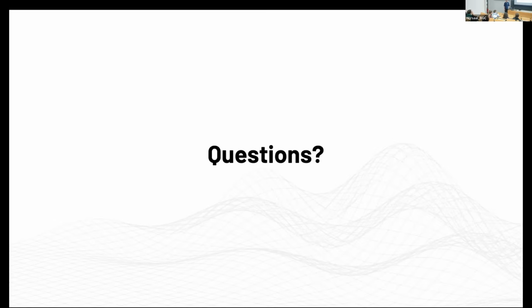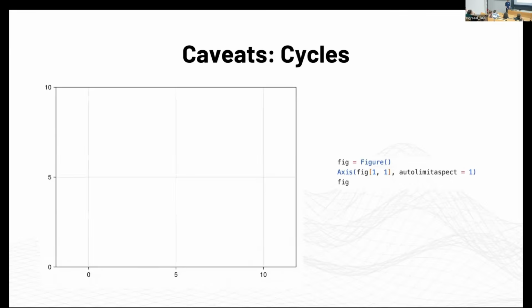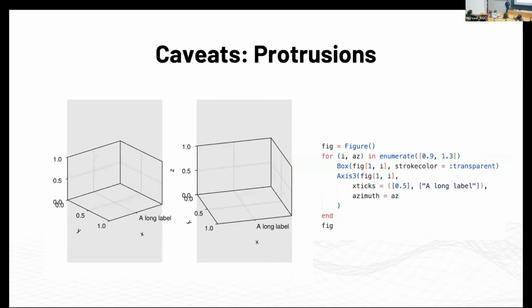Oh, you mean why those are different? Yeah, that's a historical reason. So let me go back to this image. The axis that we usually see if you draw a scatter plot, which is not this one, is the one where you have a scene and you can zoom around in it. That was the first axis in 2D that existed for Makie.